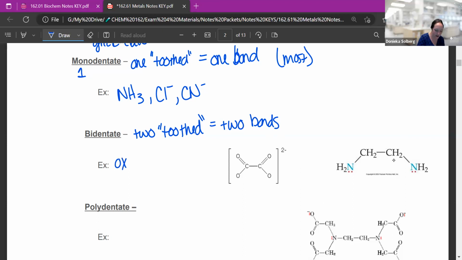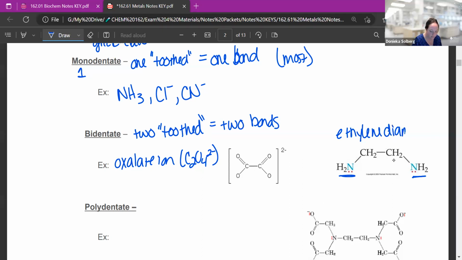This is the oxalate ion, which is C2O4 2-. And this one is a little bit more complicated. According to our organic naming rules, these are amines. This is called ethylene diamine, and instead of writing out all of the molecules, we usually just put EN for ethylene diamine. So both of these are the two that you need to know that are bidentate.